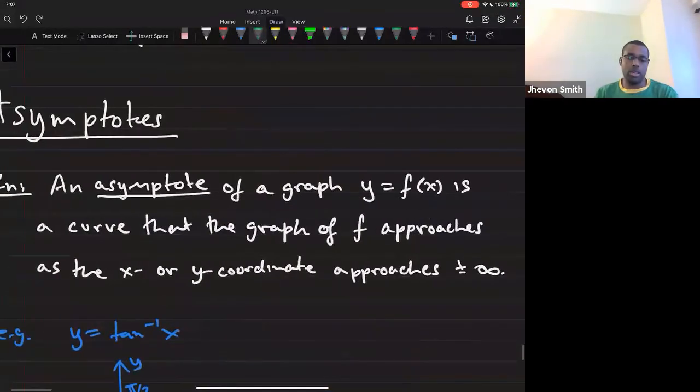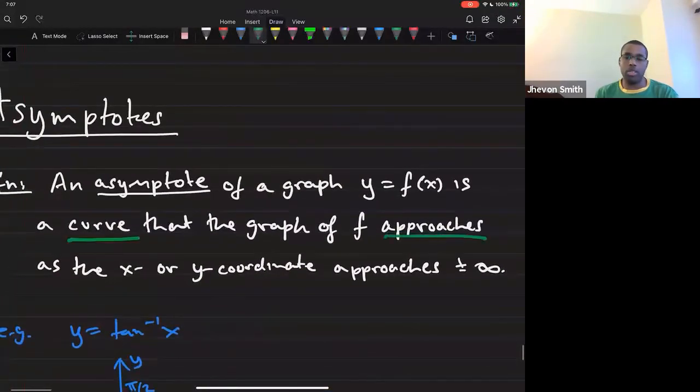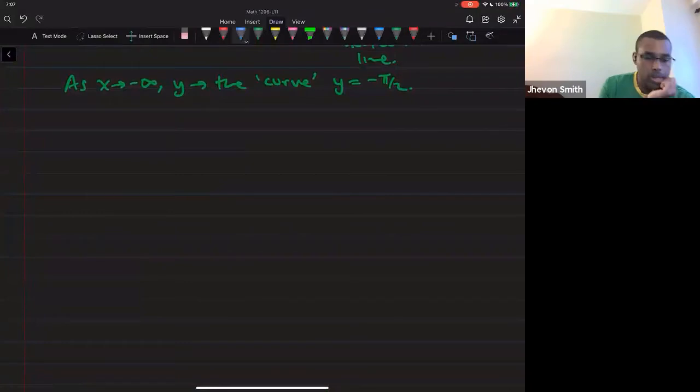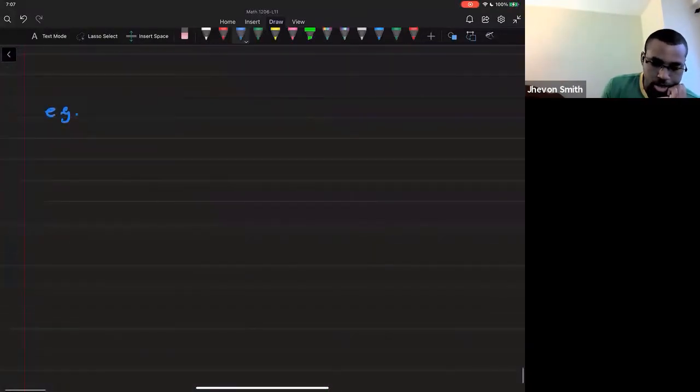So it's just a curve your graph approaches as your x or y coordinate become infinite. You can have another one. So that's as your x becomes infinite. Let me give you an example as y becomes infinite. Say, over x minus 1.